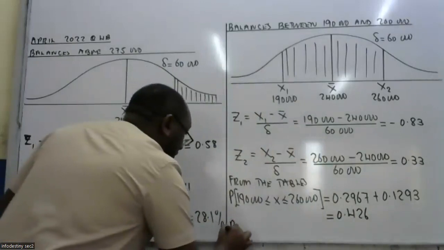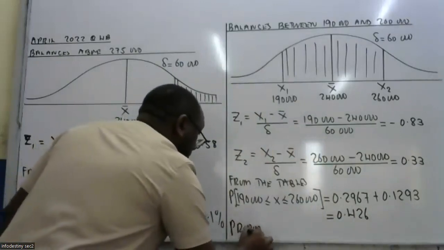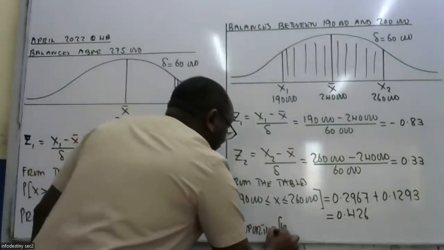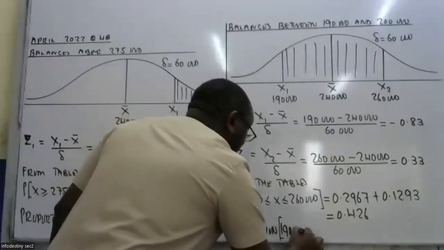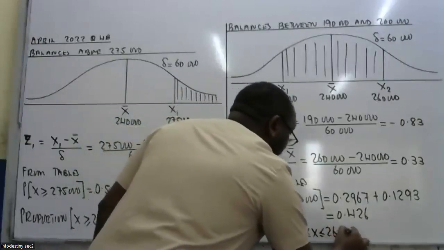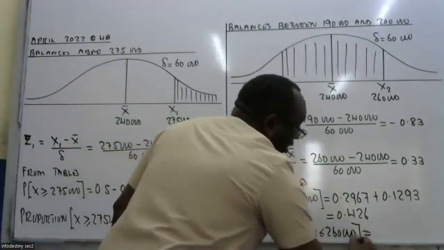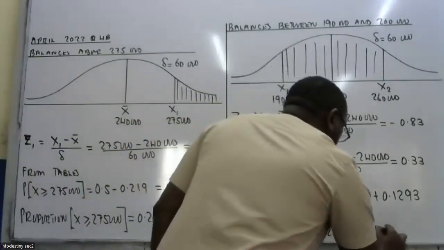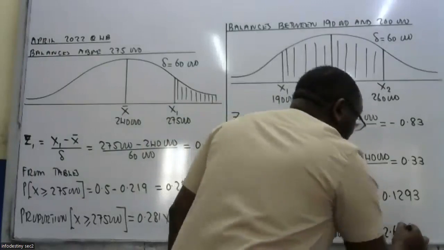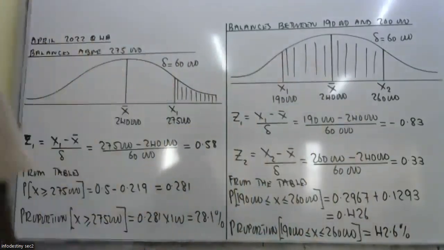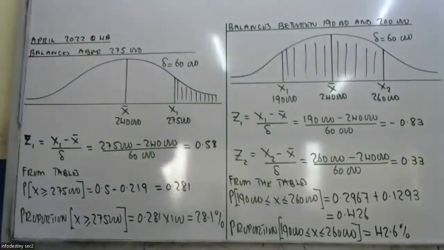So the proportion that we are between 190,000 and 260,000 will then be 42.6% when we multiply by 100. 42.6%.